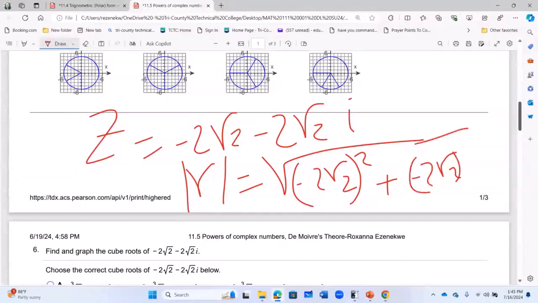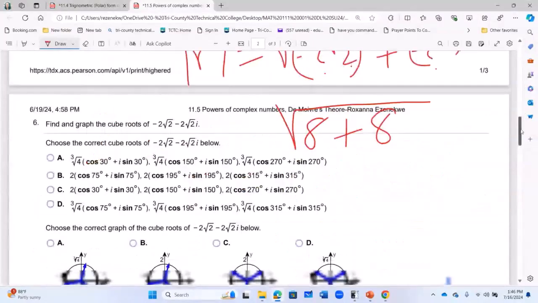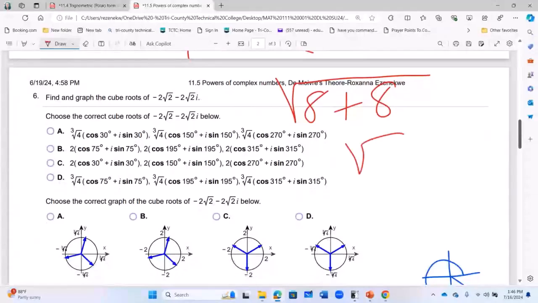Okay, if I open that parenthesis, 2 squared is 4. 4 multiplied by 2 is 8. 2 squared is 4. 4 multiplied by 2 is 8. 8 plus 8 is 16. Square root of 16 is 4. Therefore, I got R. R is equal to 4. I found the value of R.